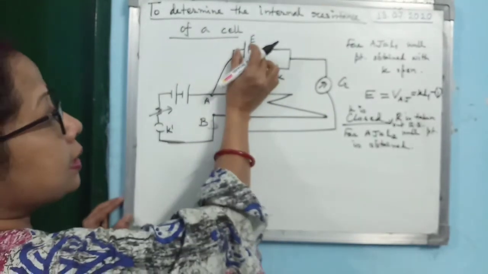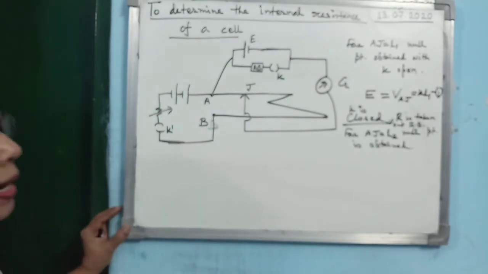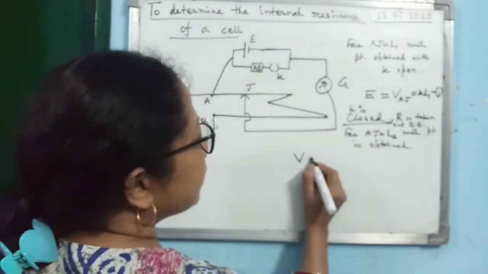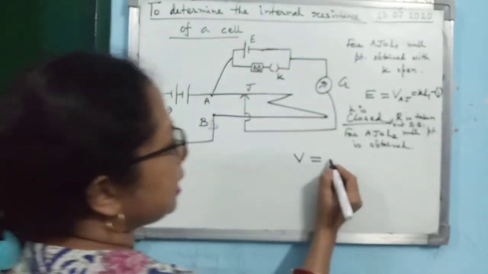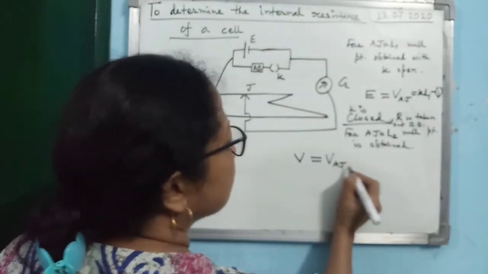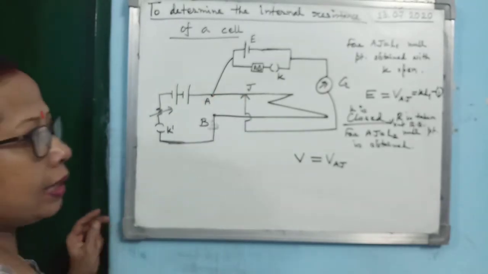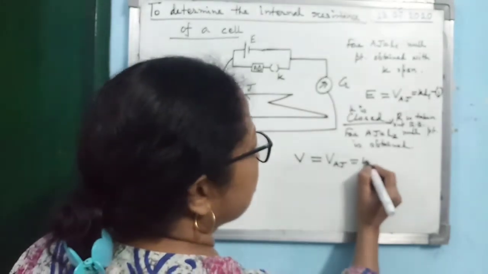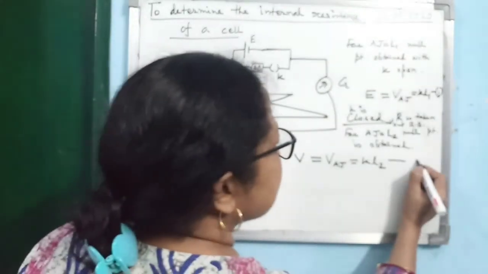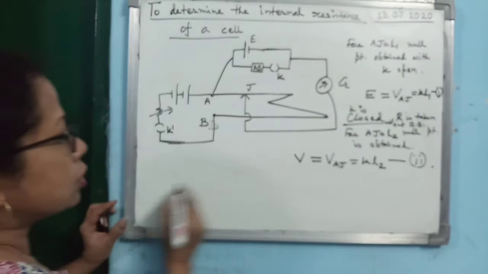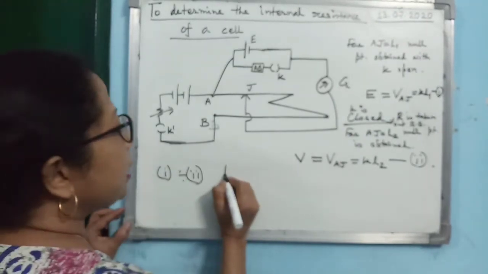We have to consider the terminal potential difference across the cell. So what can you write? The terminal potential difference across the terminals of the cell E now will be equal to VAJ, the potential drop across AJ. So what is the potential drop across AJ? K into L2. So this is the second relation. So you see, if you divide equation 1 by 2, what are you getting?